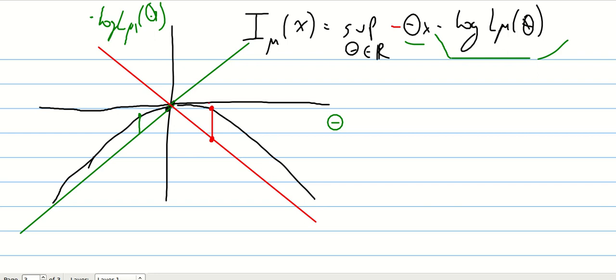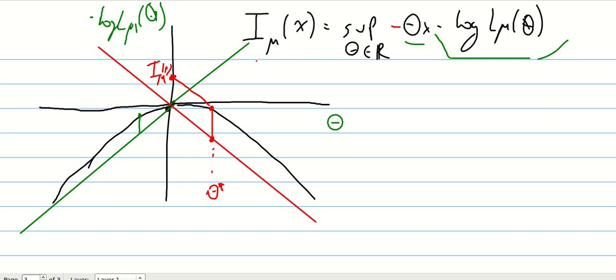So the maximum is going to be attained at this theta star here, and the value of the maximum is going to be just the shifted version. If we translate this line to here, this is going to be the maximum. So one way to see this is I mu of x.